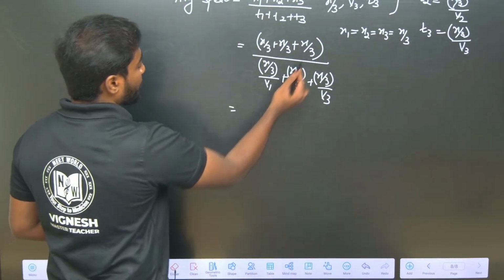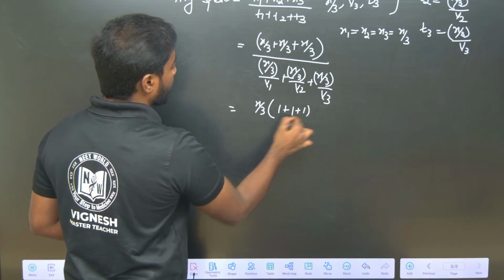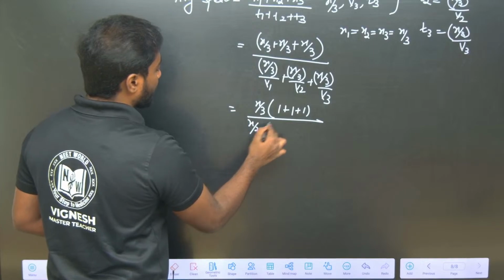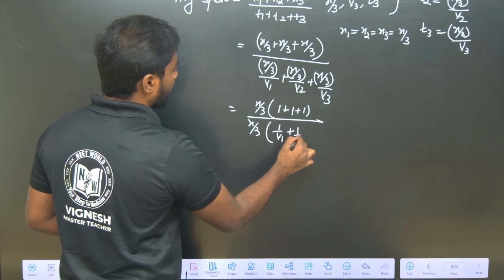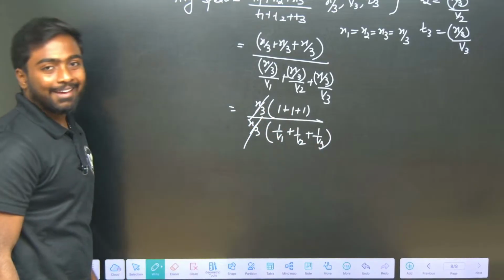Let me take x by 3 commonly outside: x by 3 times 1 plus 1 plus 1, divided by x by 3 times 1 by V1 plus 1 by V2 plus 1 by V3. So, x by 3 got cancelled out.